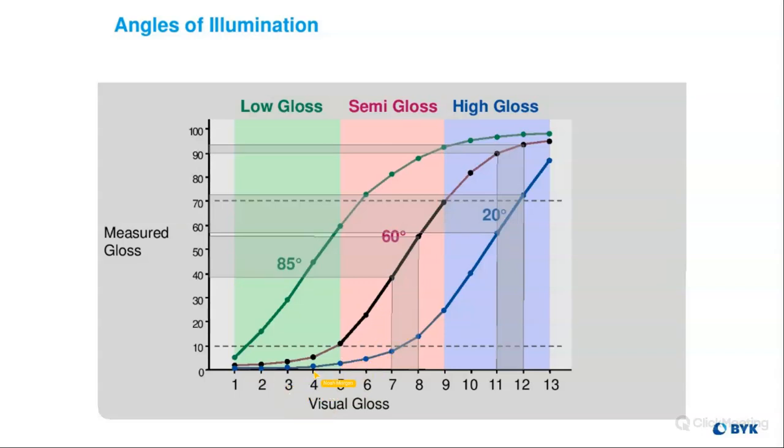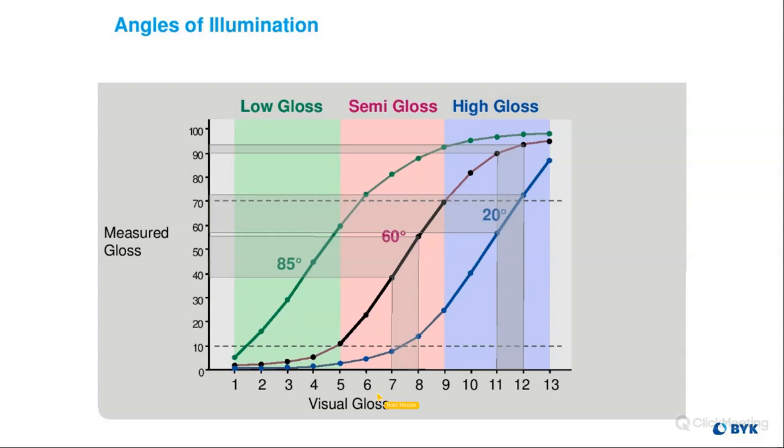Whereas if we were to take measured values from the 60-degree or even the 20-degree, we see that there's almost no variation as we go across those samples. So what this shows is that for particularly low gloss samples that are typically less than 10 units, it's better to use an 85-degree angle because you get a more accurate depiction of what you're seeing visually versus if you were to use a 60 or a 20.